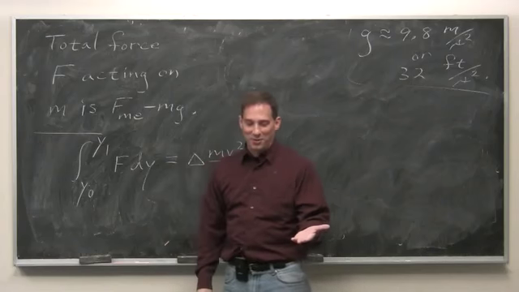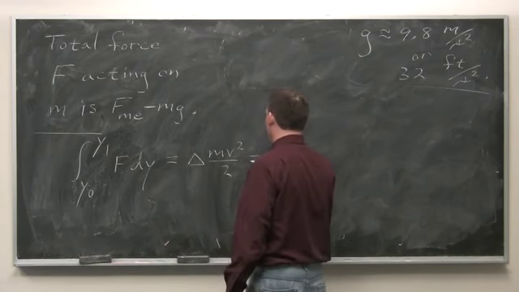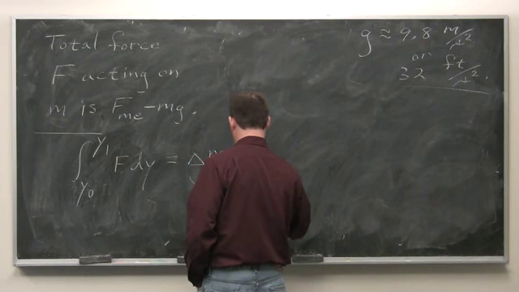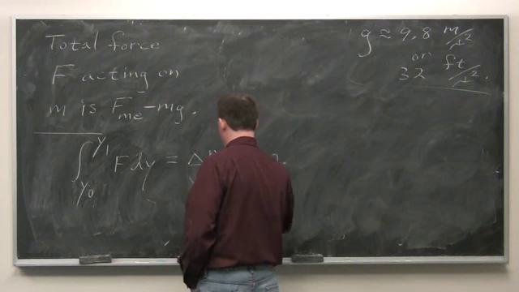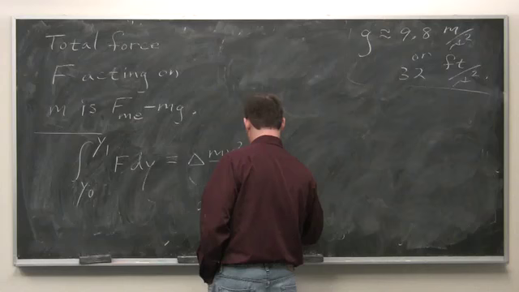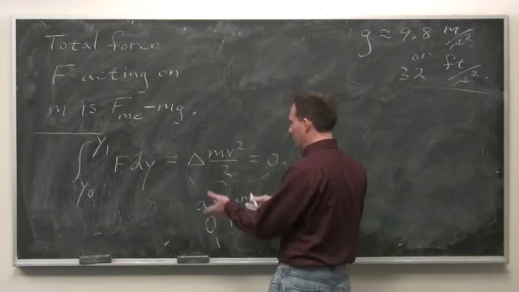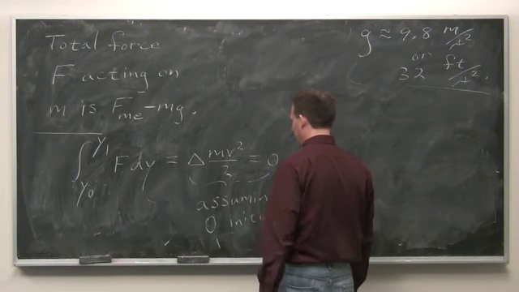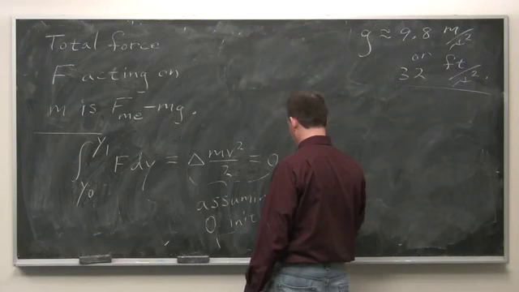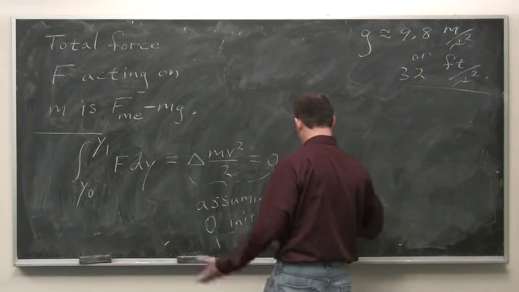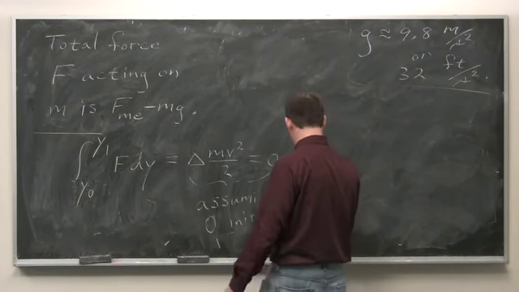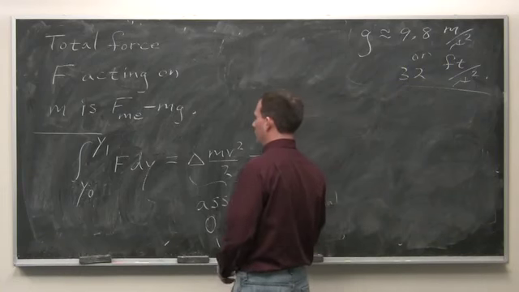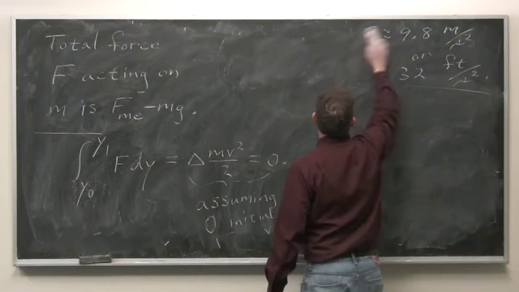But assuming that I start with no velocity and end with no velocity, this will be 0. So I'm assuming zero initial and final velocity. Actually, all that's important is that the initial velocity and the final velocity are the same after squaring, but typically you think of something at rest, you raise it and it's at rest. Great. So that's 0.